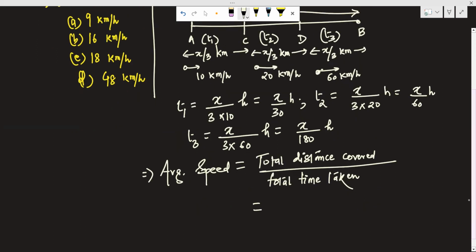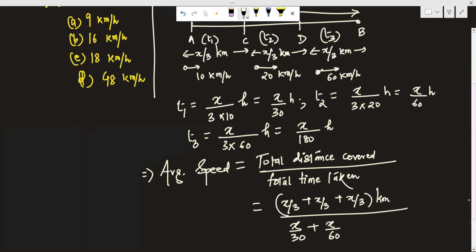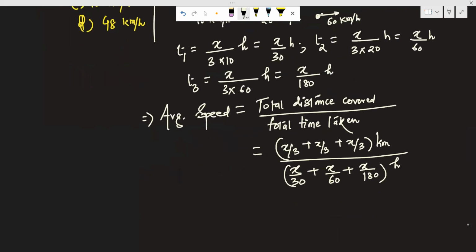So just put it in: total distance covered is x by 3 plus x by 3 plus x by 3, meaning x kilometer obviously. And total time taken was x by 30 plus x by 60 plus x by 180 hours. So simplify this.